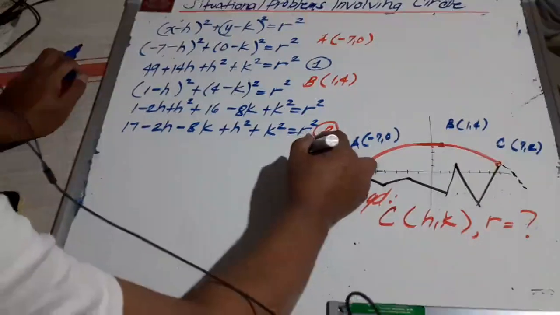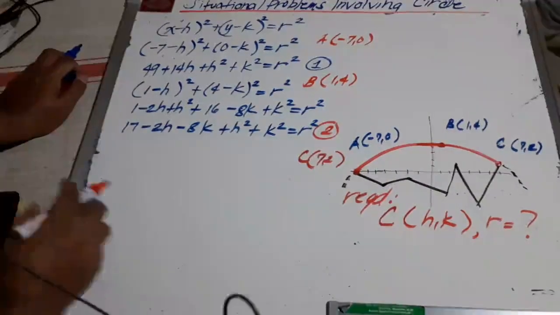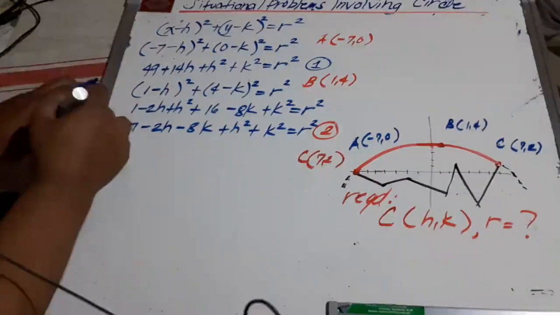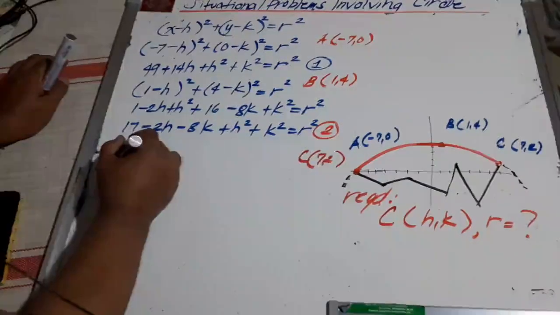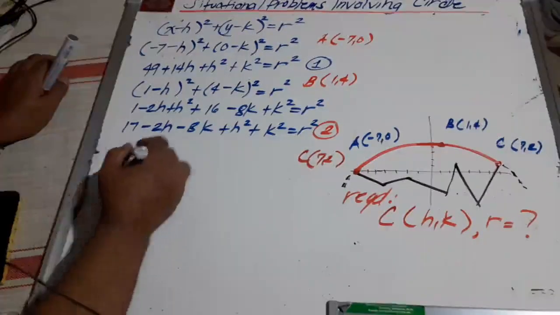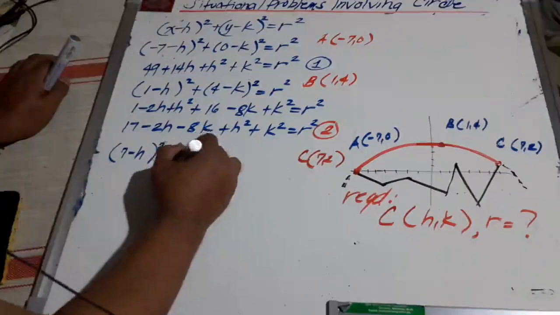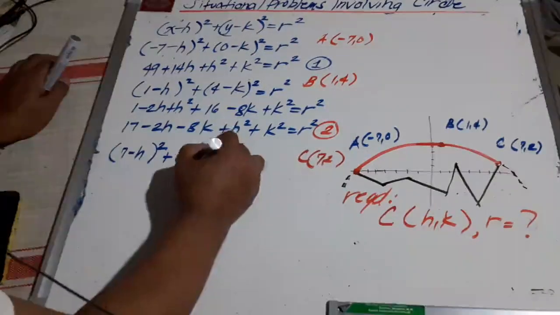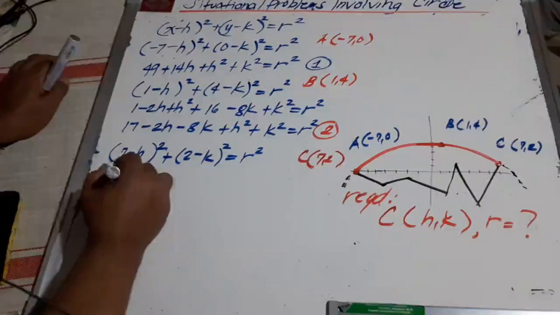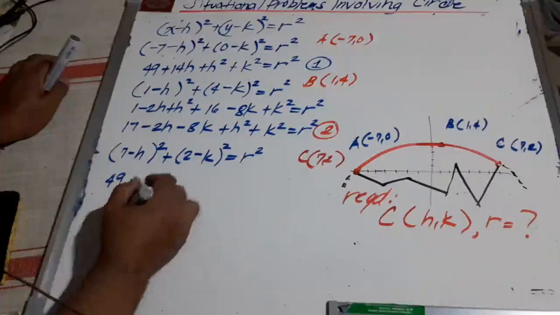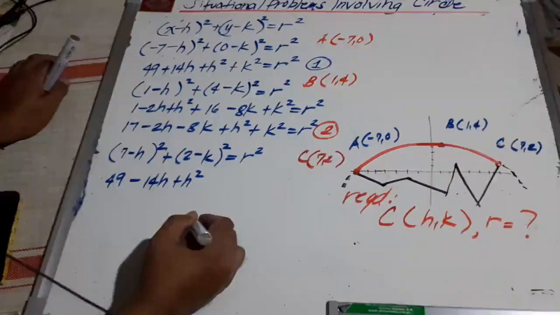Point C is located at 7, 2. Substitute natin yung x and y values doon sa ating standard form ng circle. We have x is 7, so 7 minus h squared plus y is 2, 2 minus k squared equals r squared. Expand: 49 minus 14h plus h squared, and then the square of 2 is 4.